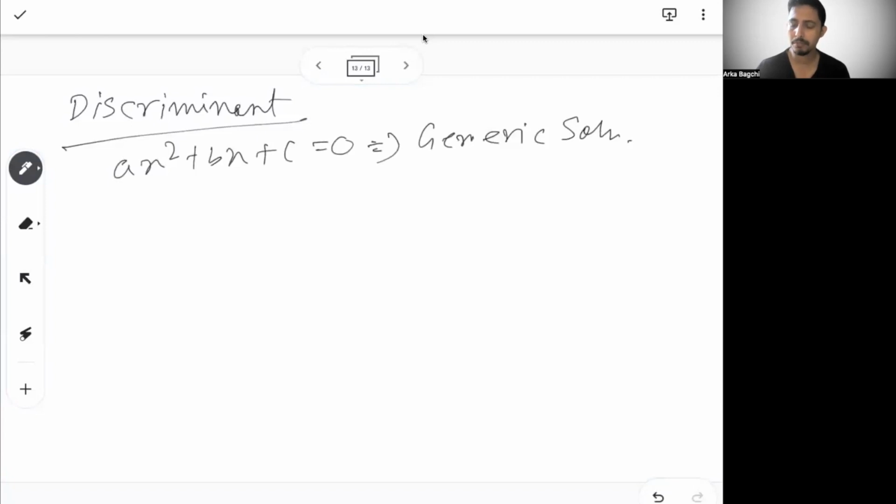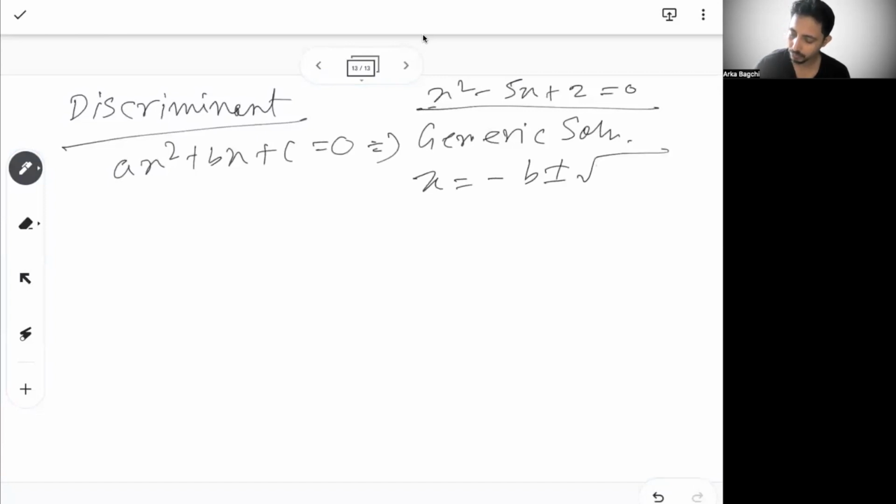If I give you some random equation, let's say x square minus 5x plus 2 equal to 0, it is basically difficult to do it through middle term breaking or the approach that we have given. So irrespective of any quadratic equation, the generic solution will be x equal to minus b plus minus root over b square minus 4ac, all by 2a. There is a complete solution to it.